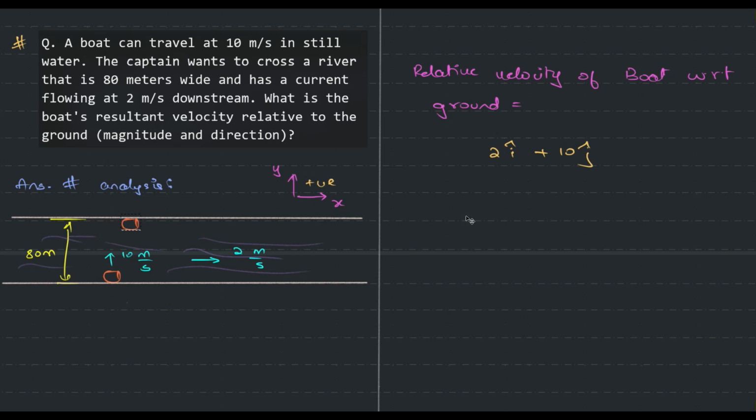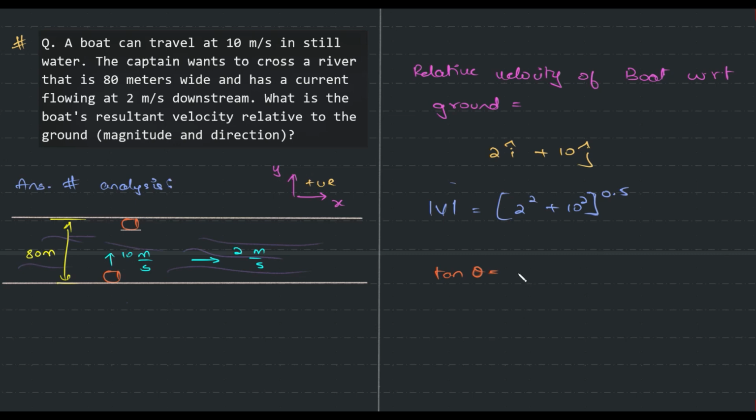Okay, so the actual velocity would be, the magnitude of the resulting velocity will be 2 square plus 10 square to the power of 0.5, that is basically the square root of this. And the angle, say theta, I'll take theta as the angle with respect to the 10 meter per second.